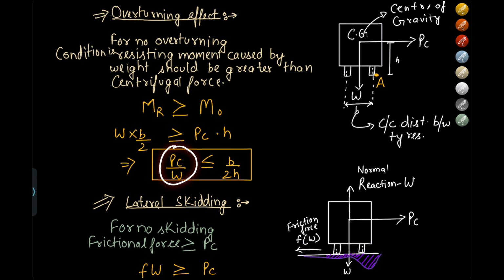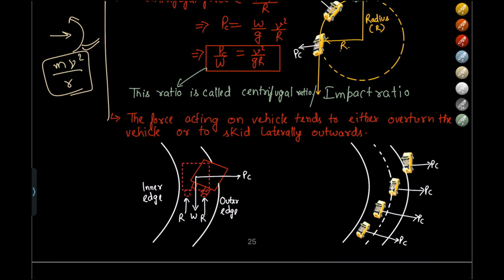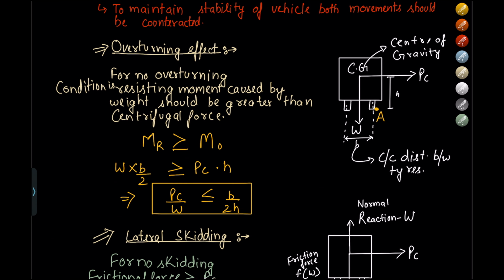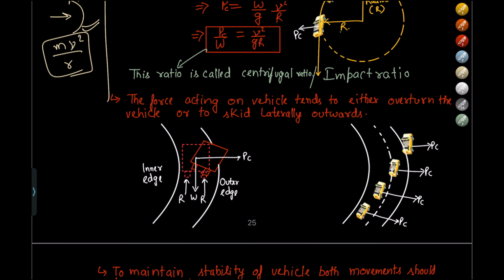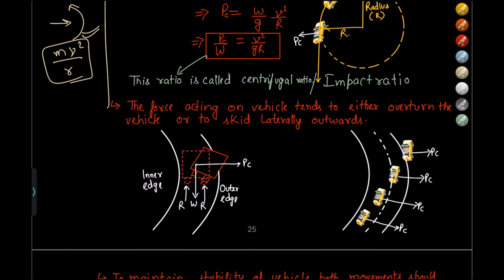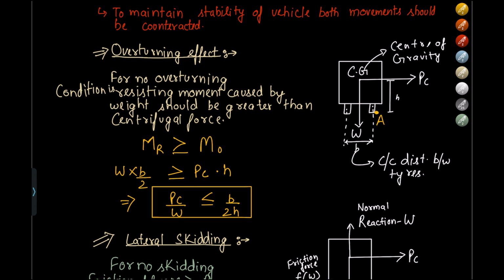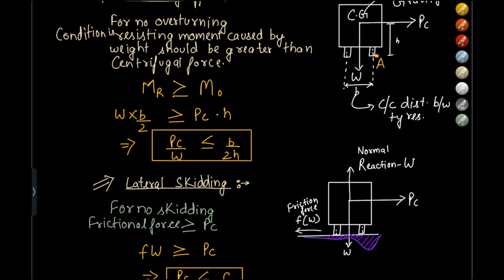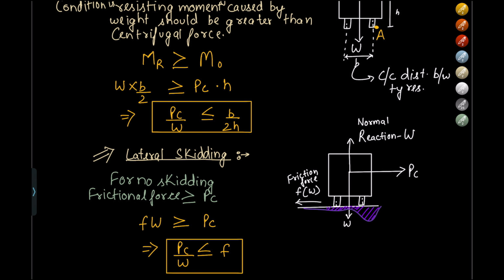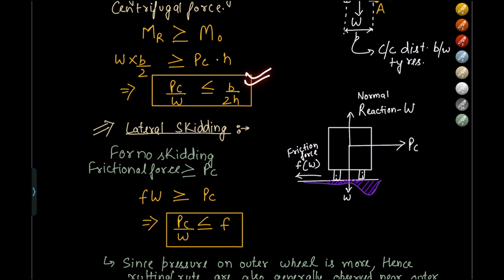So here also we have the impact ratio. This would be called the impact factor. PC by W is the impact factor value. So it should be less than B by 2H.